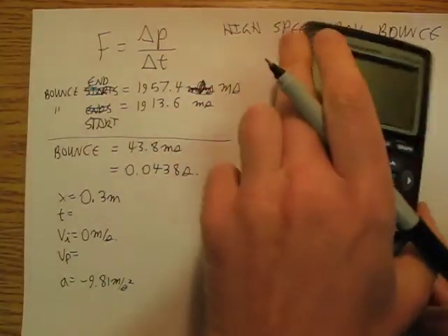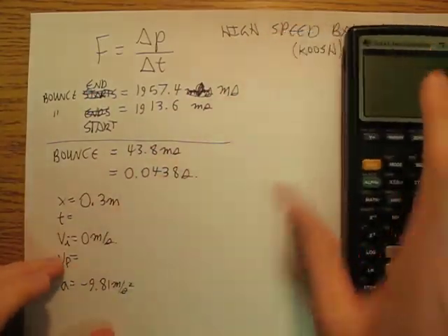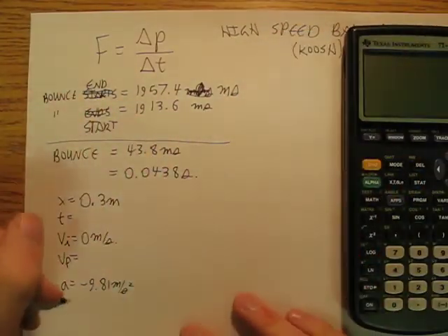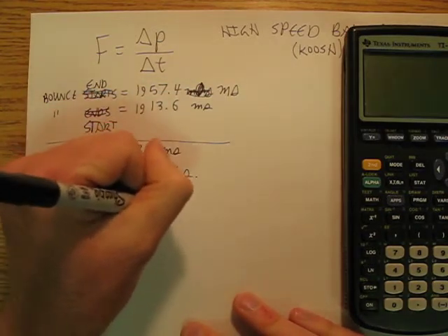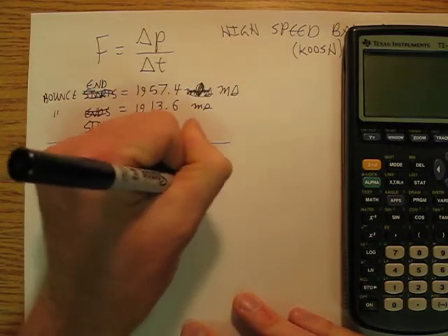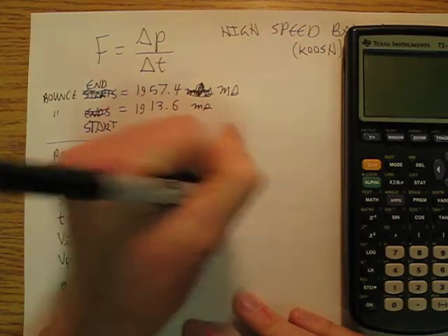And so I'm going to figure out that the final velocity was, I'm going to do Vf squared is equal to Vi squared plus 2Ax.